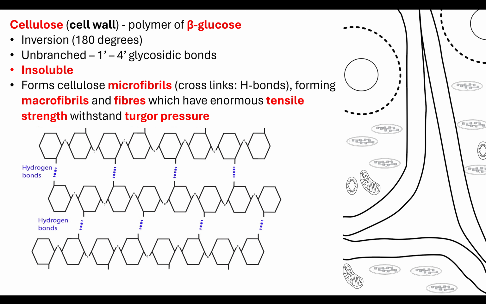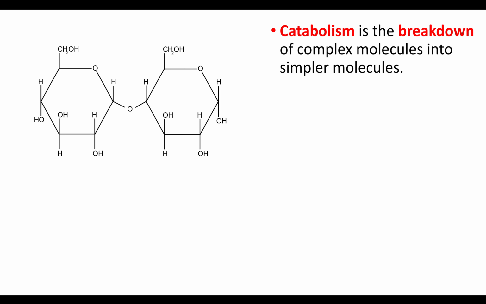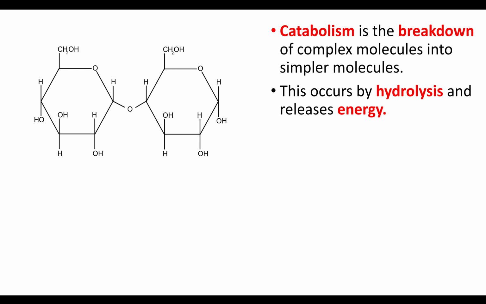Now that is through building those monomers together and those macromolecules being created, but we can also break them down. So if we are going to break down these complex molecules into simpler molecules, what we therefore need to do is we need to do what's called a hydrolysis reaction.